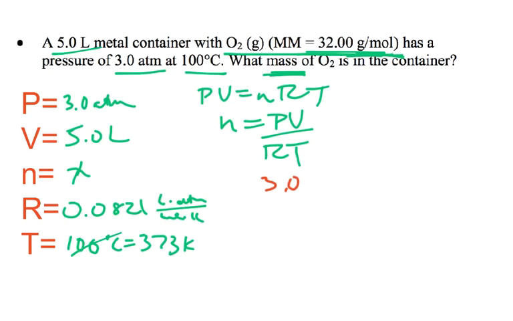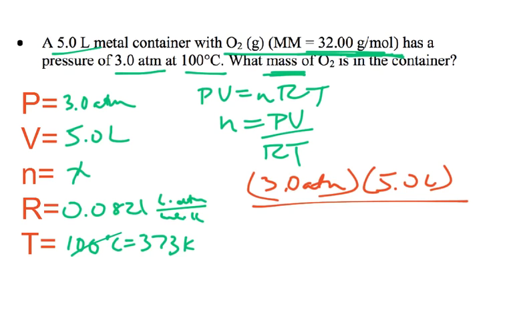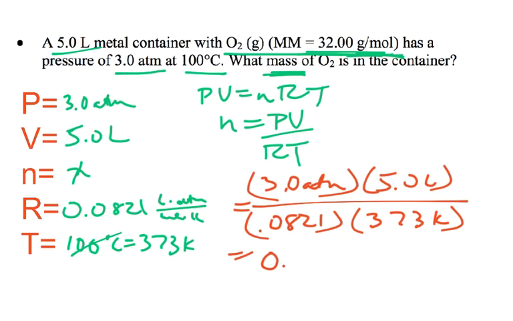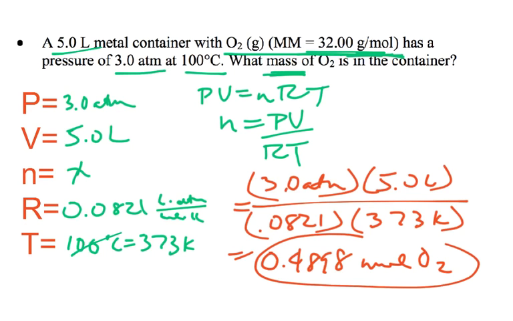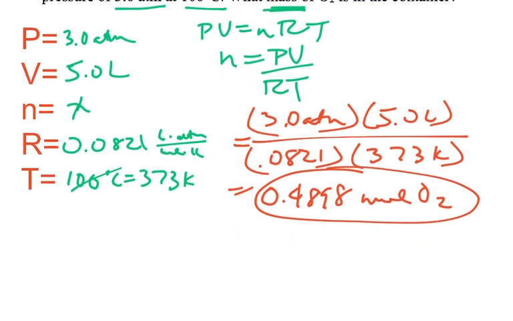So 3 atmospheres, 5 liters, 0.0821 liter atmospheres per mole Kelvin, and 373 Kelvin. So for this I get 0.48982311, and that is moles of oxygen from the problem. And that is not our final answer, but that's what we're going to use next.